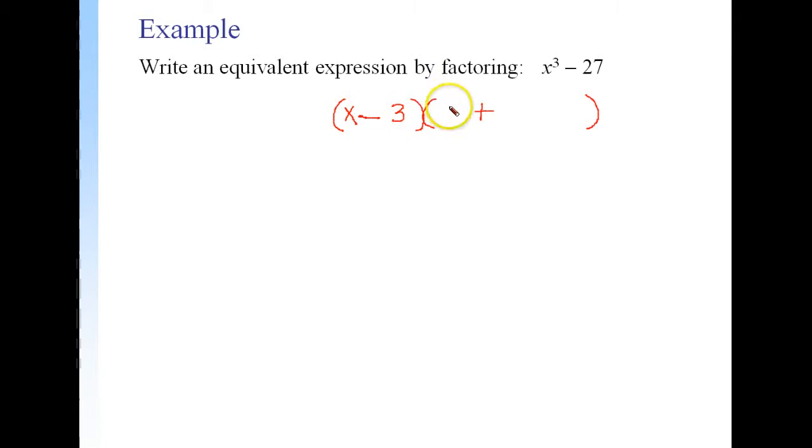Square this term, multiply these two together, and again, it's kind of an enigma that you have a plus here, but it's opposite this sign there, and then square this term. And that's the recipe.